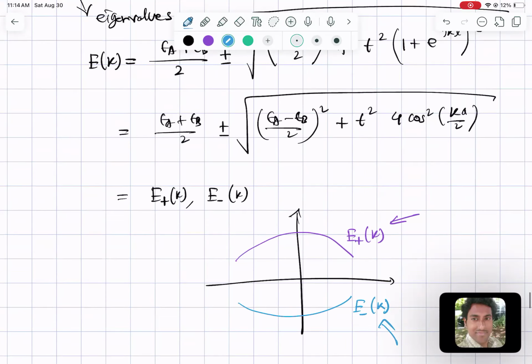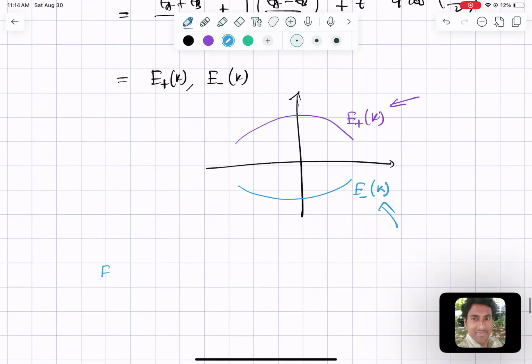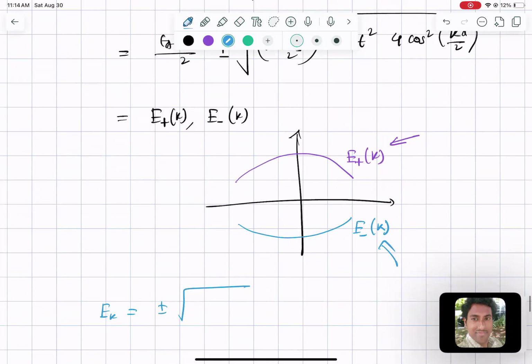Now, we also have E_A and E_B. Remember, these are constant shifts. The actual feature comes from cosine square Ka over 2, and this plus minus sign is important. If you consider E_A and E_B to be 0, then E_K would be plus minus the square root of 4t squared cosine squared Ka over 2.